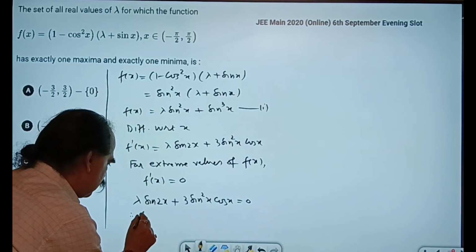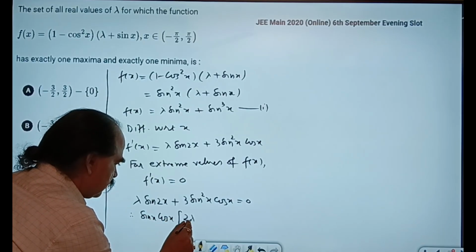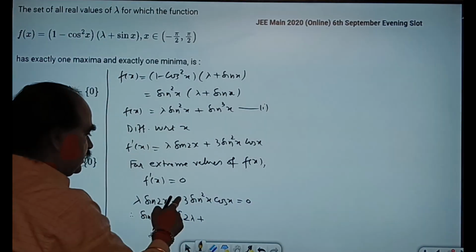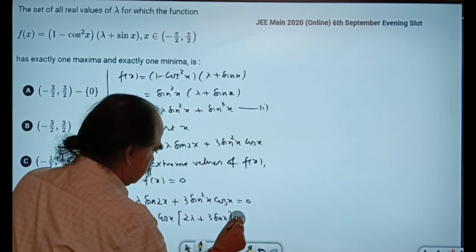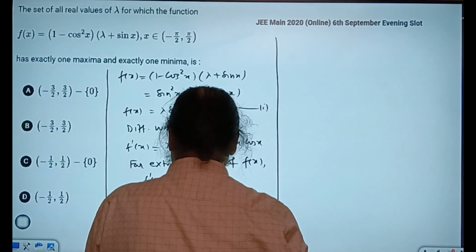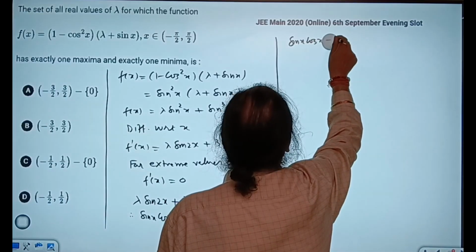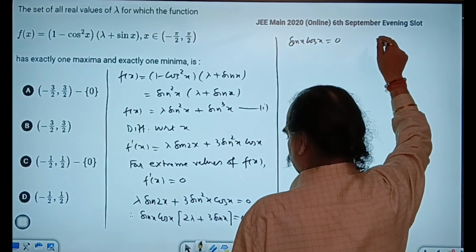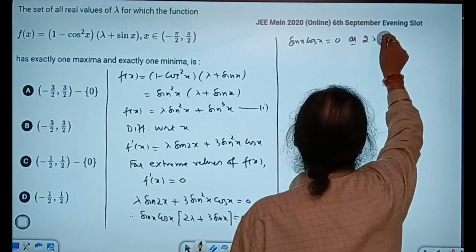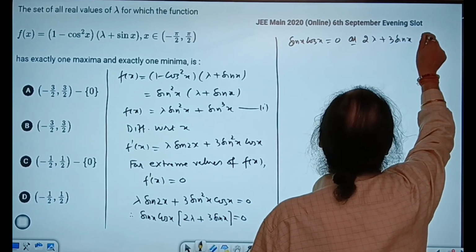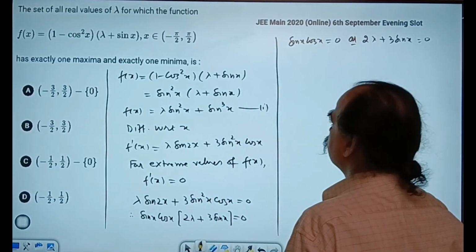Here we can take the sin x cos x form: sin x cos x into (2 lambda plus 3 sin x) is equal to 0.